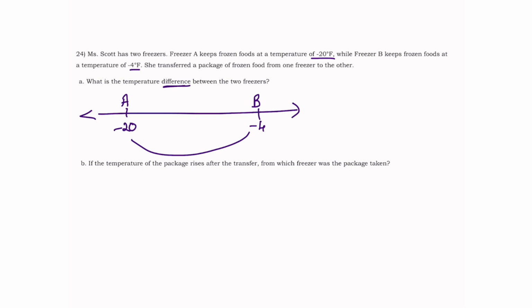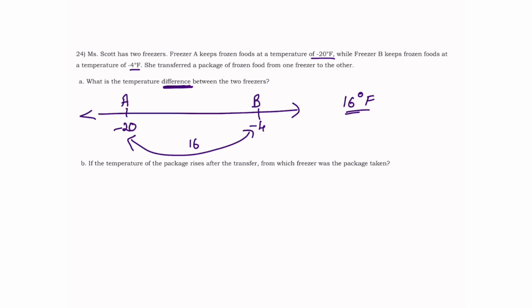So from minus 20 to minus 4, how much jump you need? Or minus 4 to minus 20, what's the jump? It's basically 16, right? So the difference between the two is 16 degrees Fahrenheit. Now here we're not going to put a plus or a minus sign because we are doing the difference. So basically finding the distance between the two.